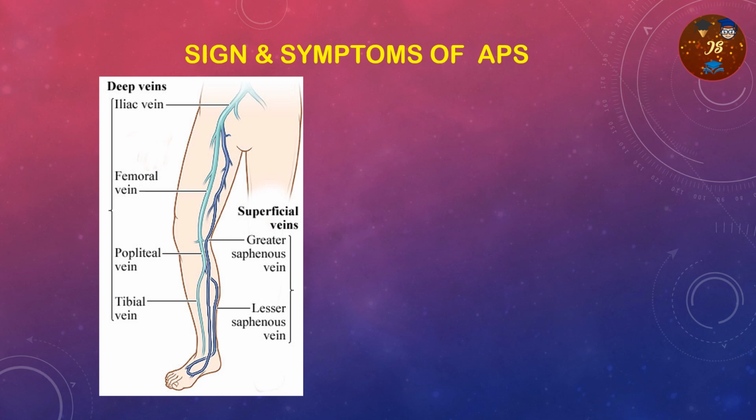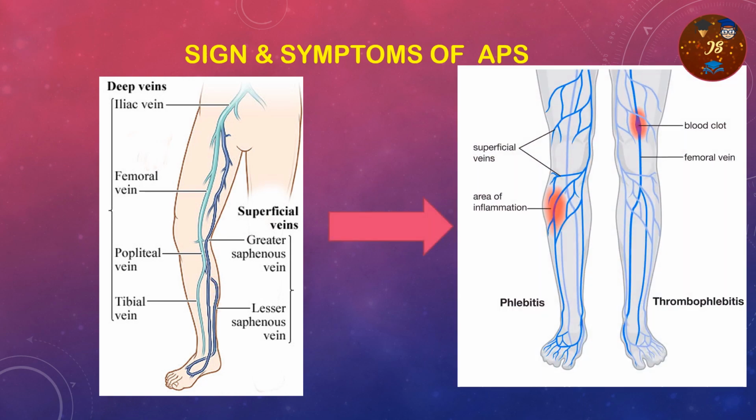Let's clarify it with a picture. Here is the picture of the deep veins. You can see the iliac vein, then the femoral vein, then the popliteal vein, then the tibial vein. These are considered the deep veins, and these are the superficial veins. Now, what happens when there is APS? Look, this is the femoral vein, considered a deep vein.